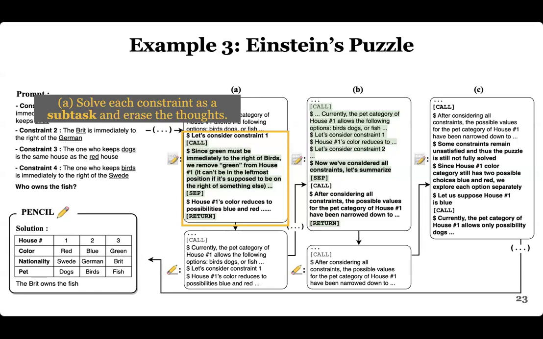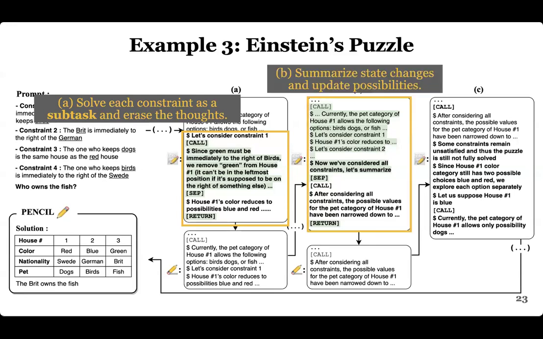After reasoning about each constraint, we update the possibilities for the table, and then we can eliminate the reasoning process and keep only this result.